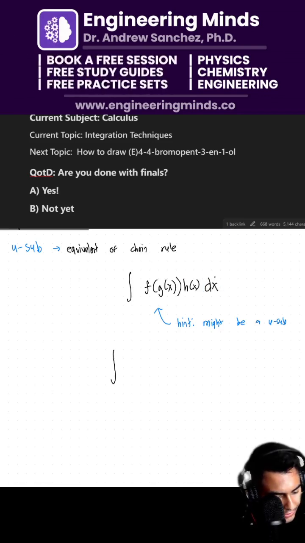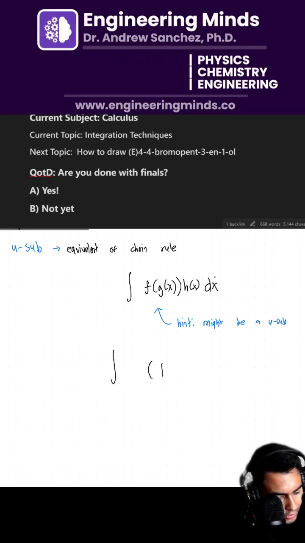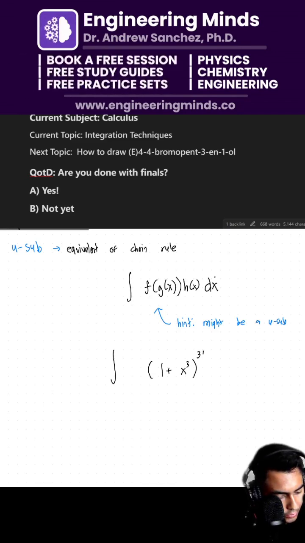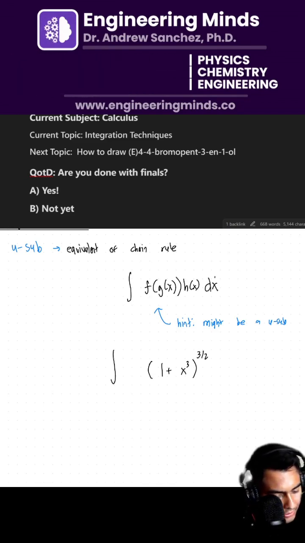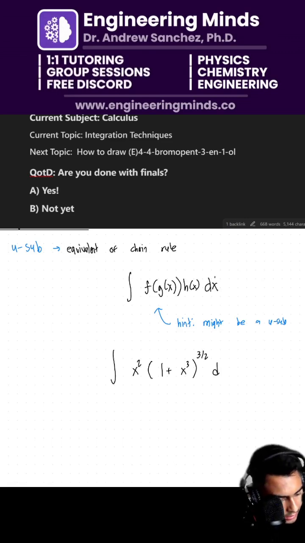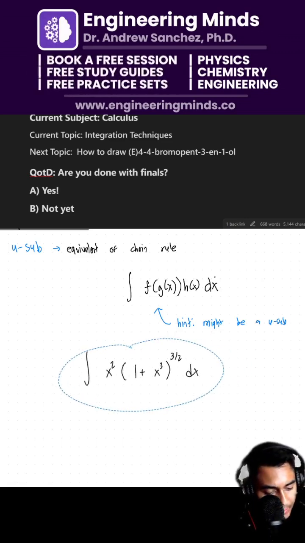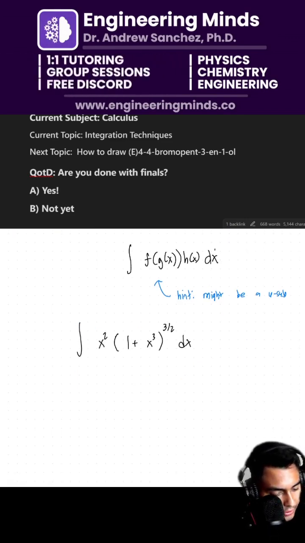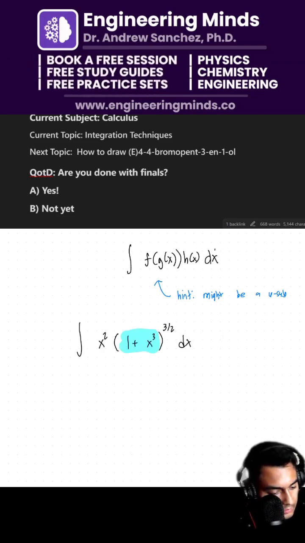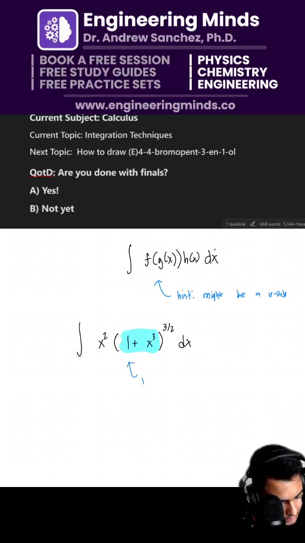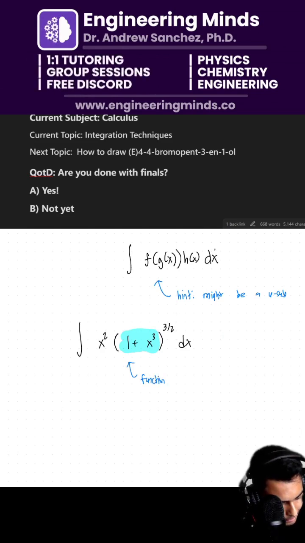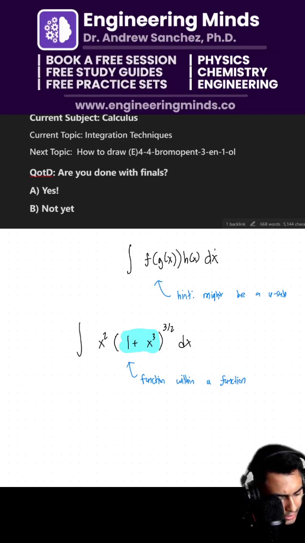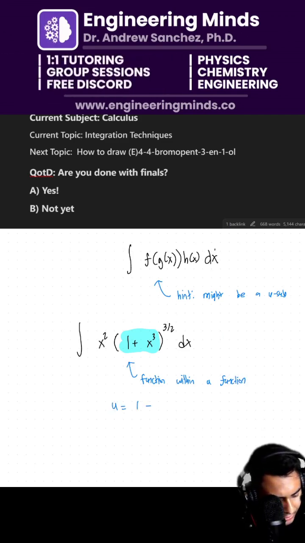For instance, 1 plus x cubed to the power of 3 over 2 times x squared, this is screaming at me that it's going to be a U-sub. So I see a function within a function. So I'm going to select my U to be 1 plus x cubed.